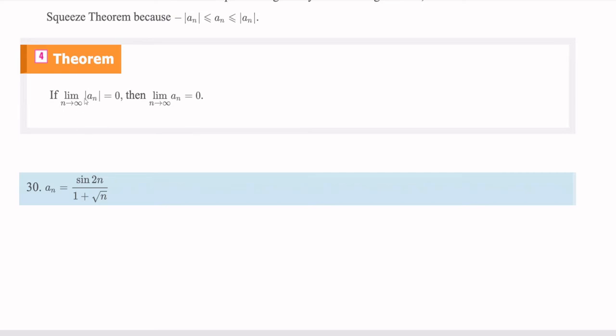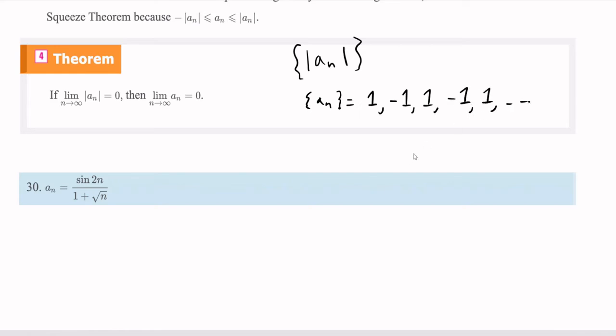Okay, so we're looking at this. What do I mean by this first? What is this sequence? Well, pick a sequence just as an example that has some positives and negatives. I'll do a simple one. Let a sub n be 1, -1, 1, -1, 1, boom, boom, boom, boom.